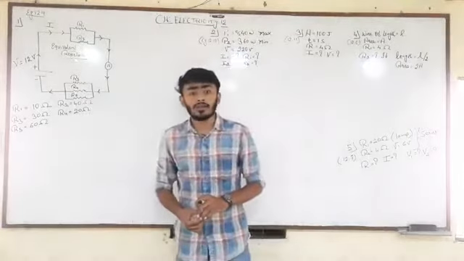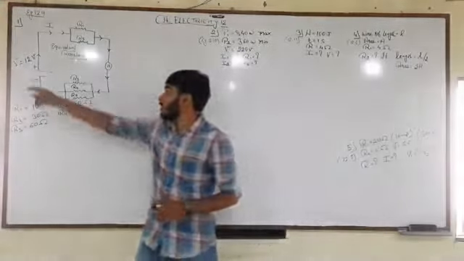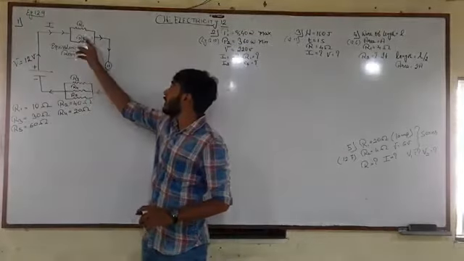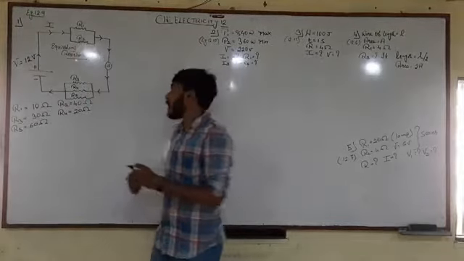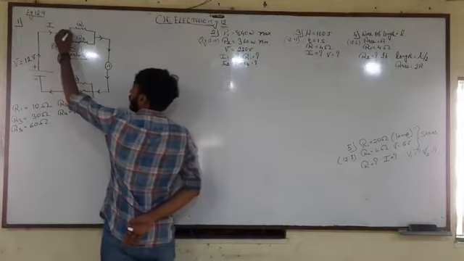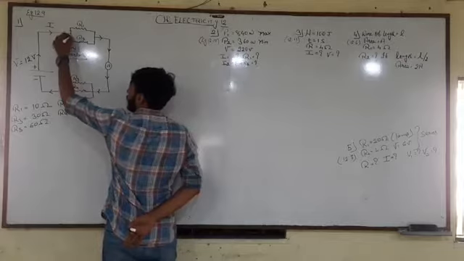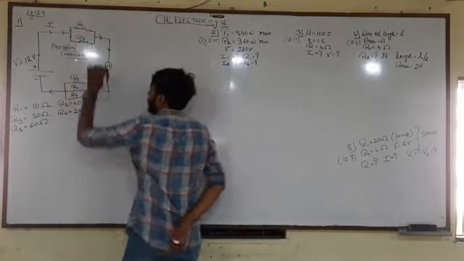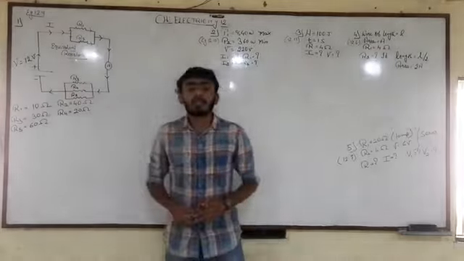As I told you, the electric current goes from the positive terminal towards the negative terminal. So over here there are two resistors. When the electric current reaches here, it divides into two portions, over here and over here. Again they will meet over here and then mix with each other.